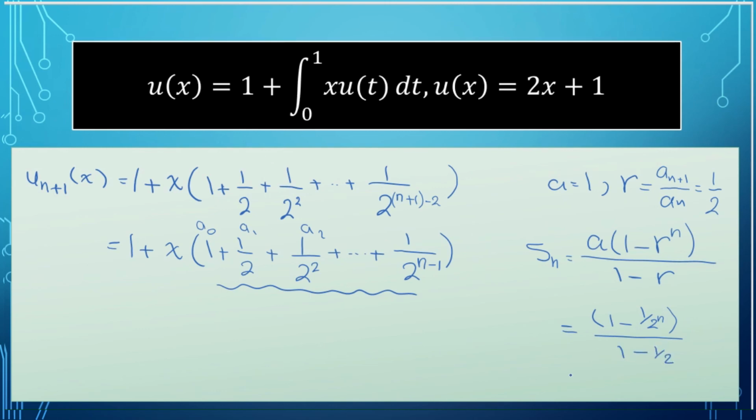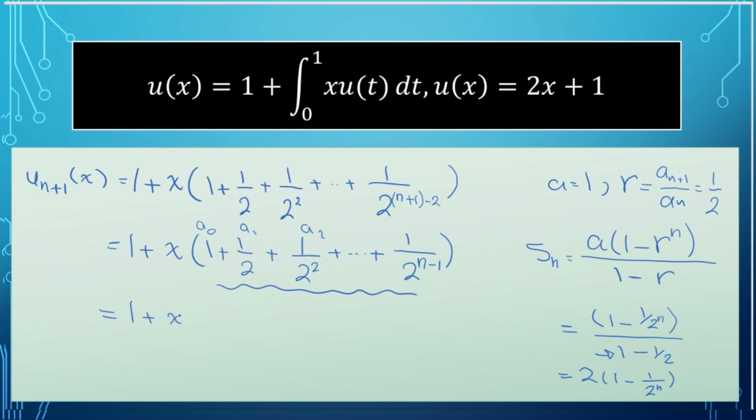Okay, and this will give us half. Here in the denominator we will get half, so 2 will go up, and then this will be multiplied by 1 minus 1 over 2 raised to n.